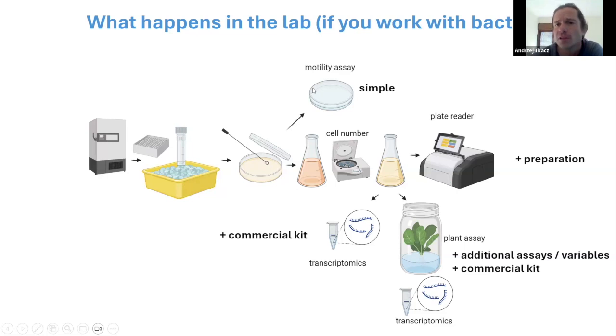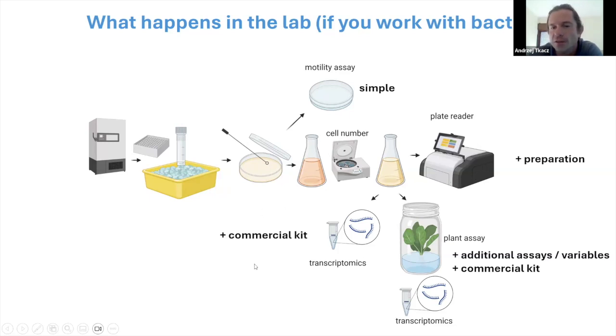And then we can split this experiment into something I call simple. Let's say just move the bacteria onto a different media and see how it reacts to it, for example, in motility. We can make some more complicated experiments where we have to adjust OD, spin down the culture, change the media, and let's say see how it grows using a machine like a plate reader.